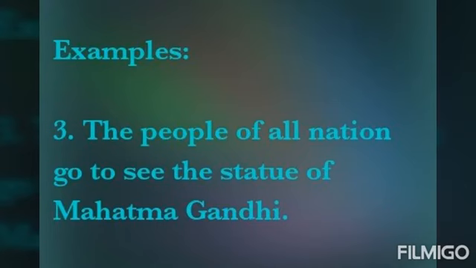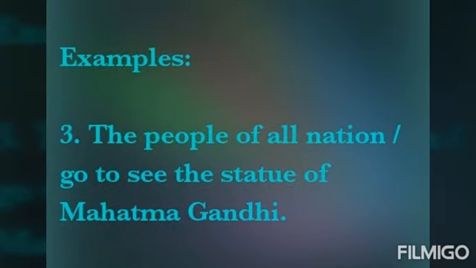Look at the third sentence. The people of all nations go to see the statue of Mahatma Gandhi. Here, about what is the sentence talking? Yes, it is about the people of all nations. So, the people of all nations is the subject.